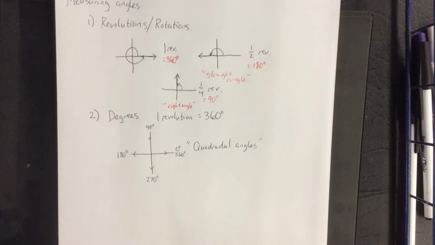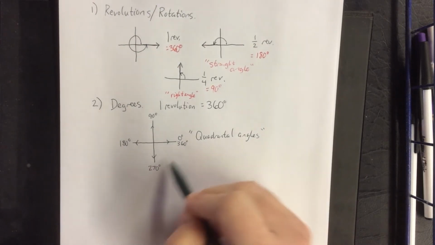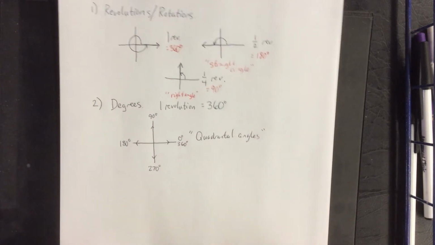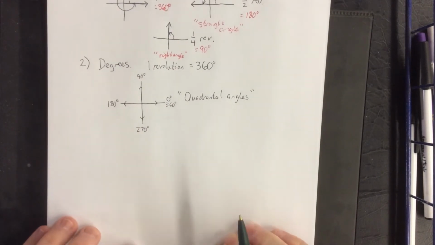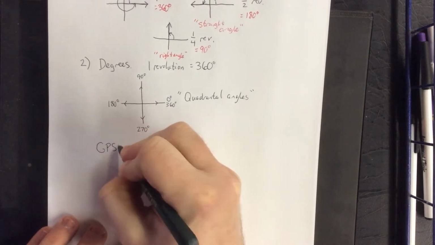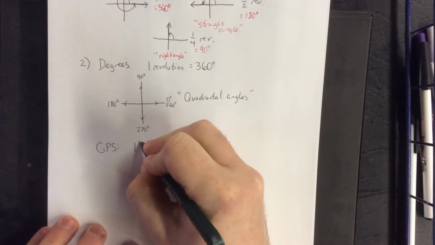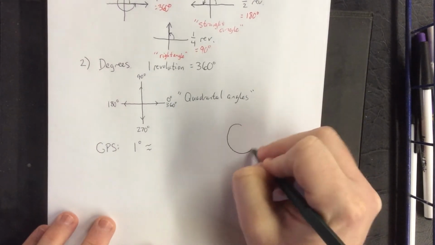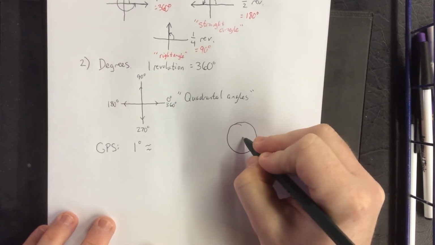Now, one could make the argument that given that one full revolution is 360 degrees, that 1 degree is not particularly large. One of the things that we use these sorts of measurements for is our global positioning system, or GPS for short. Now, imagine for a moment that on the surface of the Earth, so here's the Earth.